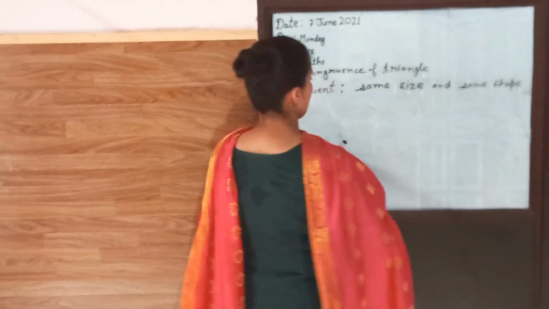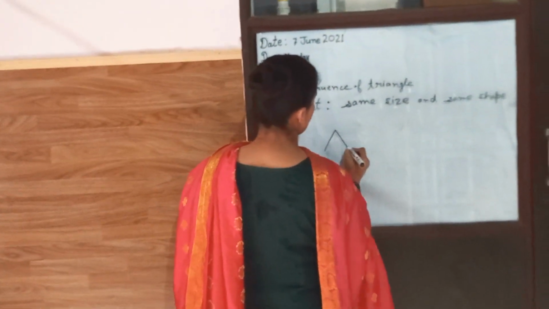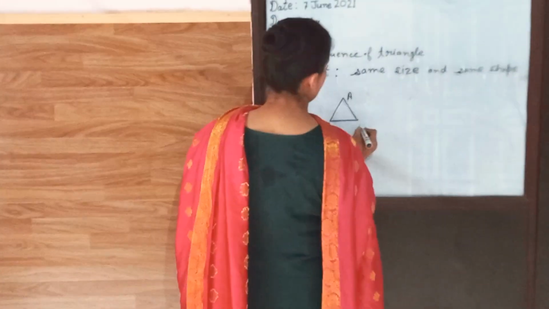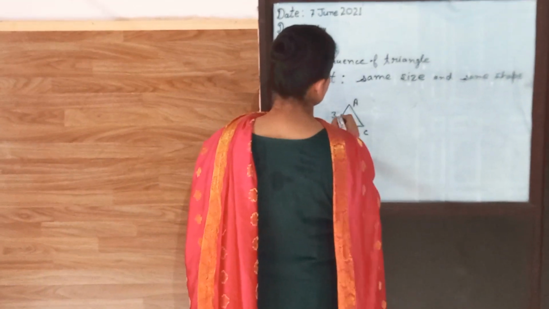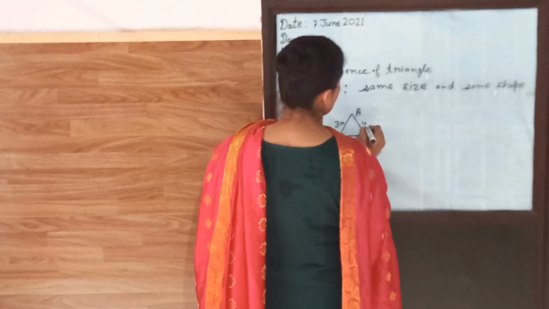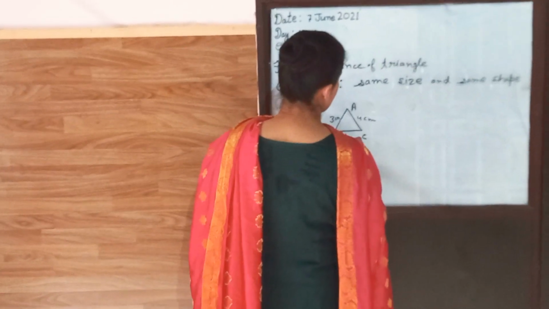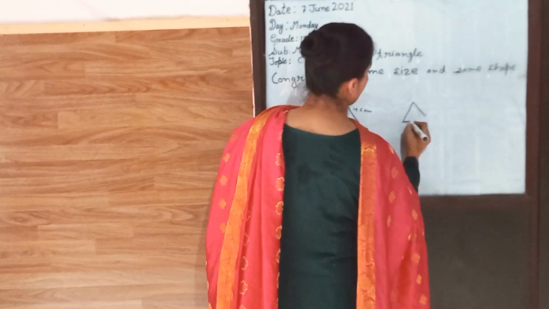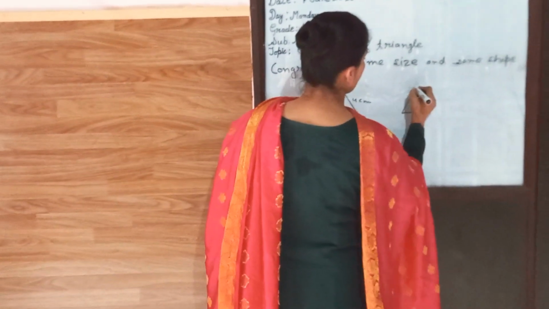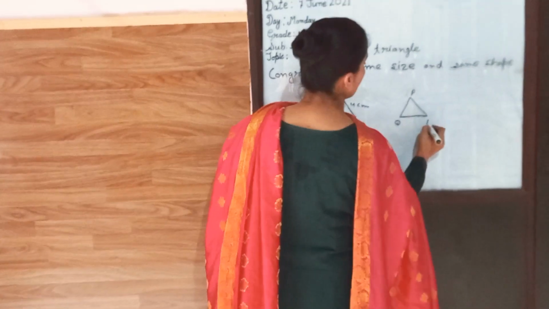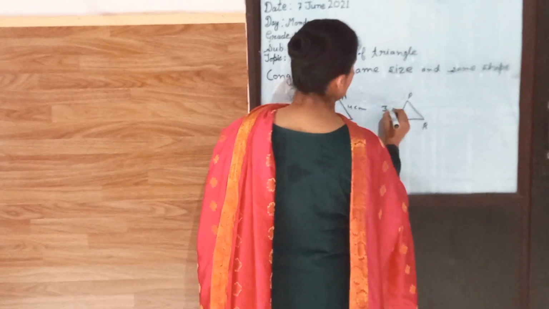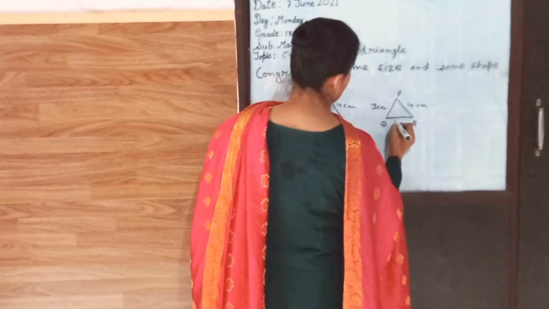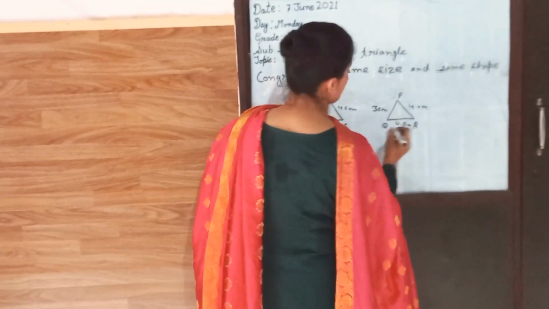For congruency, I am going to draw here two triangles. Triangle ABC. Suppose its sides are 3 centimeters, 4 centimeters and 4.5 centimeters. The other triangle is PQR. Its sides are 3 centimeters, 4 centimeters and 4.5 centimeters.